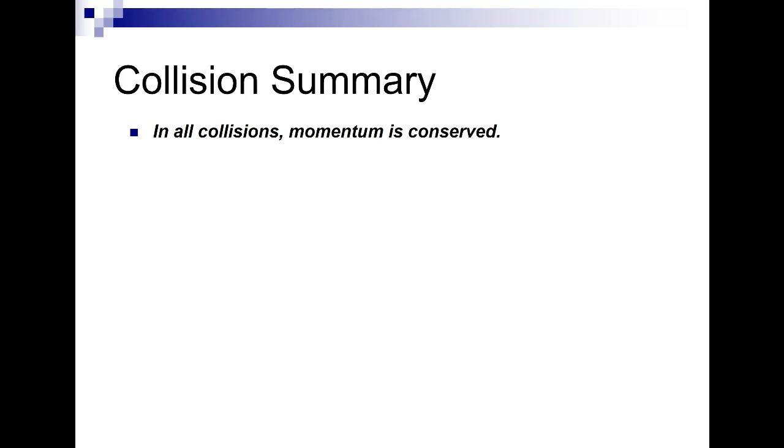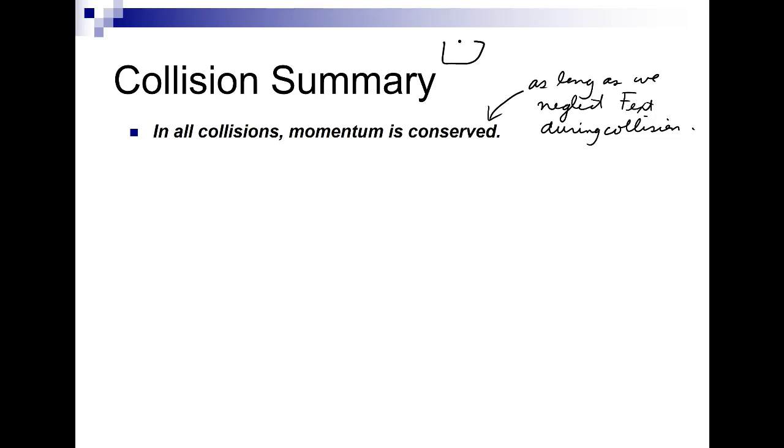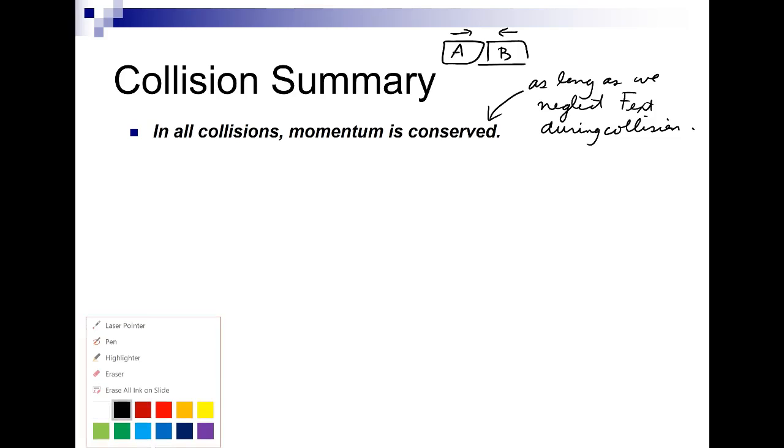First of all, in all collisions, momentum is conserved as long as we neglect friction and other external forces during the collision. And most of the time, this is not going to be a problem. But if you have two things that are slowly colliding on a rough surface, then maybe friction is slowing them down as they're colliding. But typically, we say that momentum is conserved because even if I have objects A and B that are colliding because they're moving towards each other, they're going to be exerting forces.